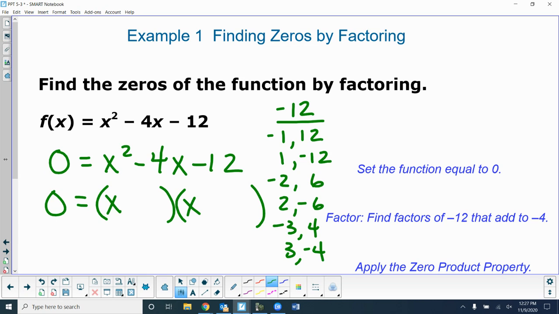Which pair is it going to be? Yeah, 2 and -6. When I add those, I get -4, right? So when I factor this, it's a +2, and a -6. That's a regular trinomial, easy problem to factor.